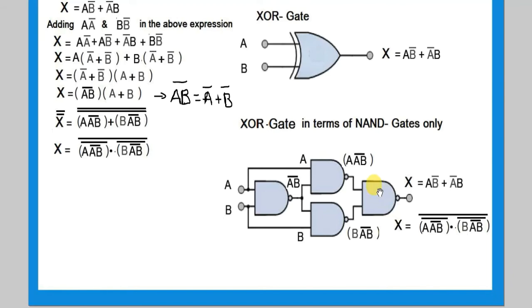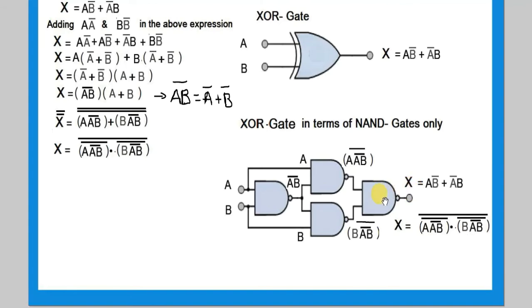From here we get B into the complement of AB. The complement of those two we get over here. I had left one bar on top of these two, so I made the correction. These two are complemented and then fed here, and we get the complement of these two terms, which is equal to the exclusive OR gate in terms of NAND gates only, with method 2.